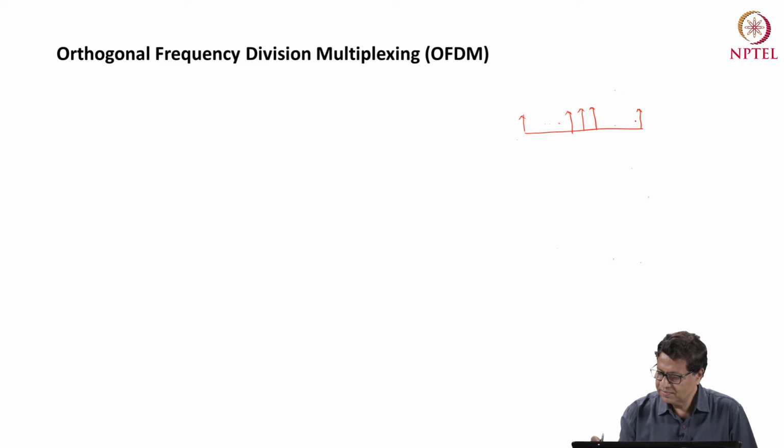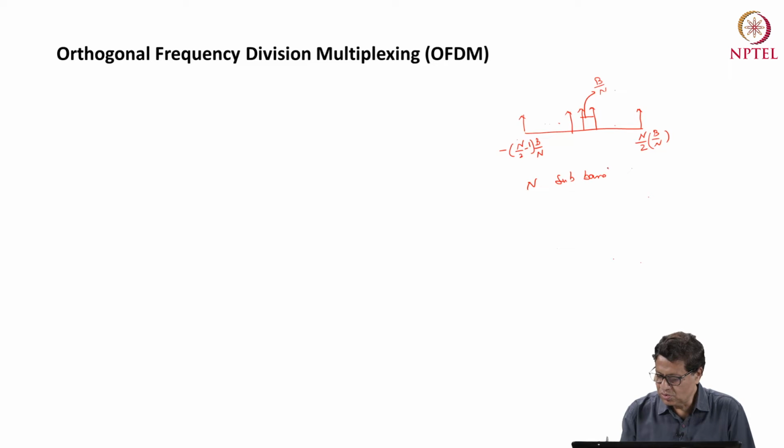This is the last one, which is N by 2 into B by N. These are all carriers with different frequencies Fi, and the spacing between two carriers or subbands is B by N. The last is N by 2 into B by N, and the first one will be minus that. So in total there are N subcarriers, N subbands.